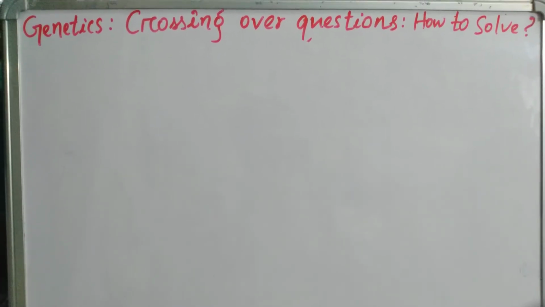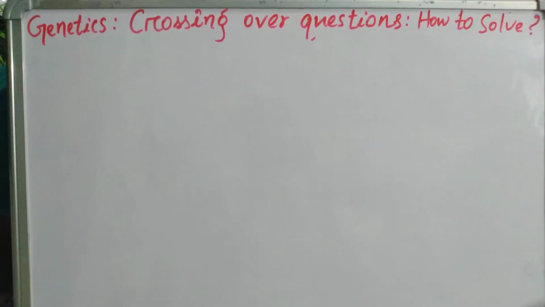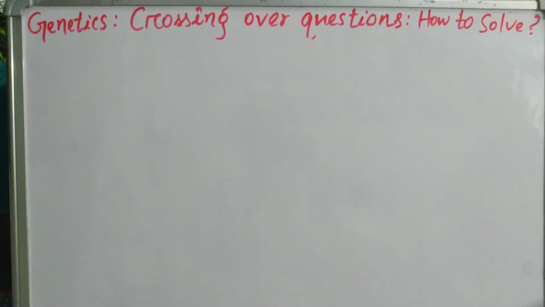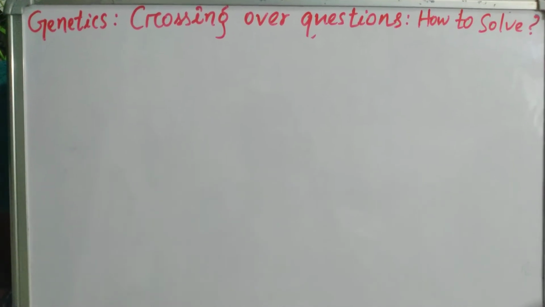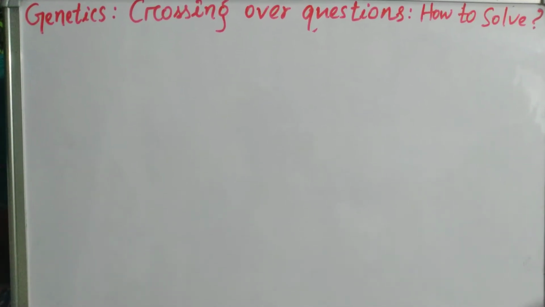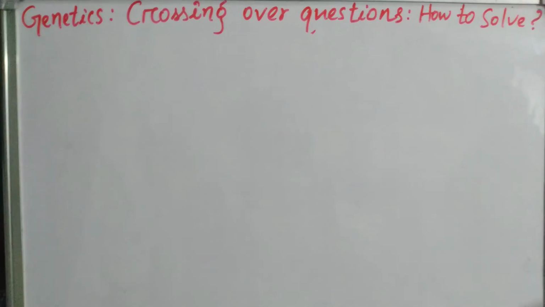After this, if you find any such questions related to crossing over, or the distance between two genes, I hope you will be able to solve them. But before that, we need to know what crossing over is.